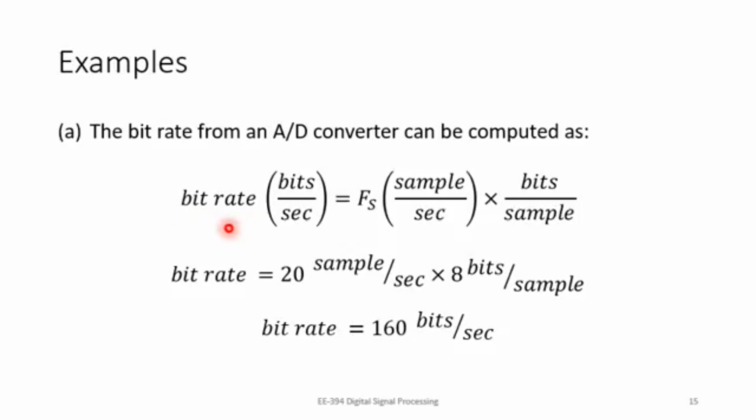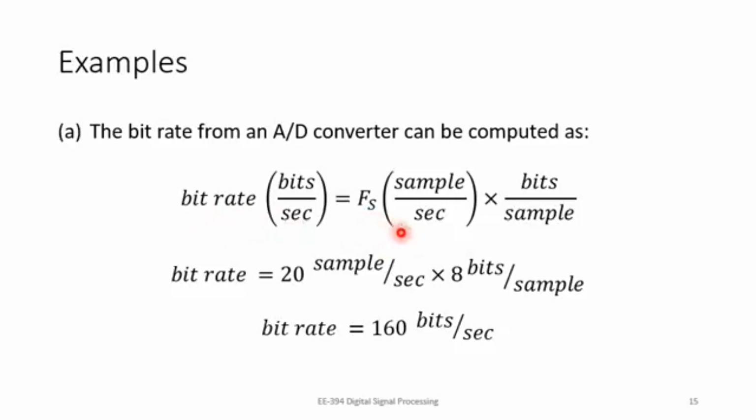Now to calculate bit rate, there are 2 important factors. One is Fs, that is, in 1 second how many samples are being taken of an analog signal. If we are taking too many samples a second, this will increase the bit rate. So higher the Fs, higher will be the bit rate.